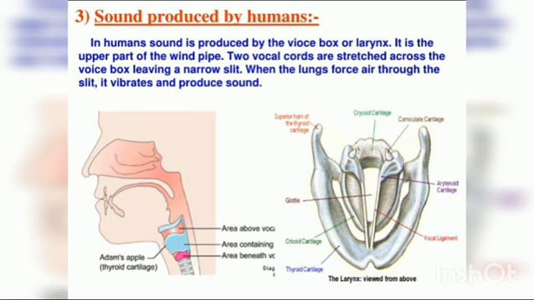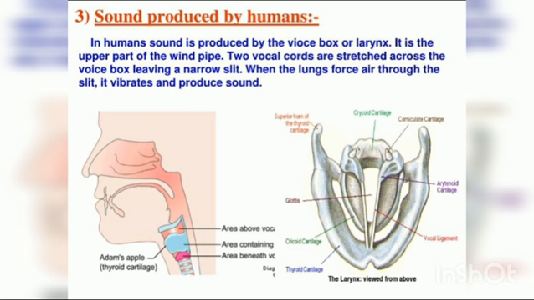Through this pipe air goes to the lungs, either left or right. From there we are talking about the production of sound now. Sound is produced by the part connected to the respiratory tract.